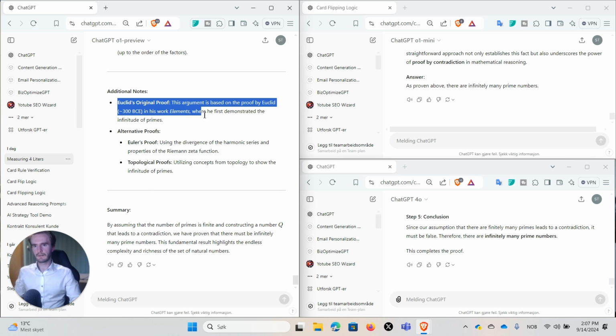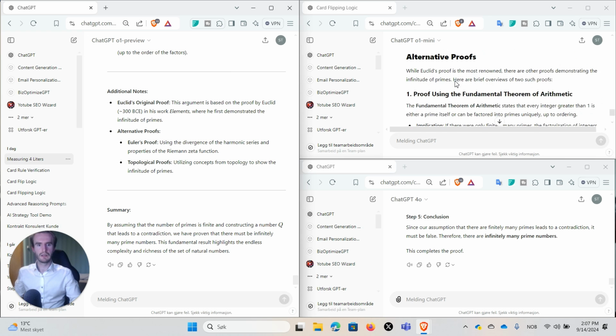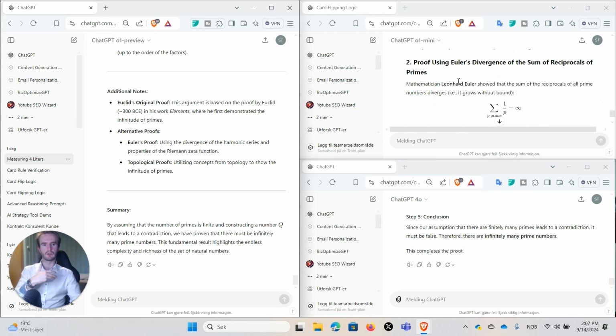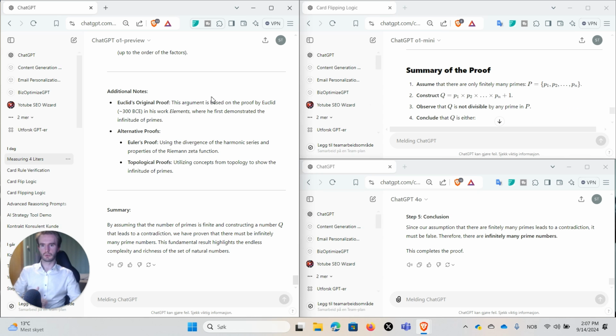In this one case, I liked that O1 preview also included that Euclid, 300 BC, in its work Elements. That is a bit more of the background details, which I like to have included in the results. It would be nice to have in O1 mini as well, even though in O1 mini we got a better overview and summary in the end, which I like a lot, that it provides it much more clearly.